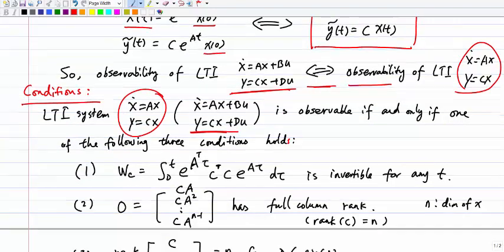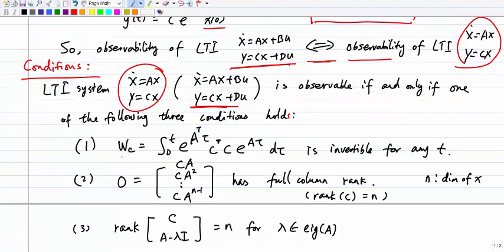The first condition says the Wc matrix. Wc matrix is the integration from 0 to t of e^(A transpose tau) times C transpose times C times e^(A tau) d tau.